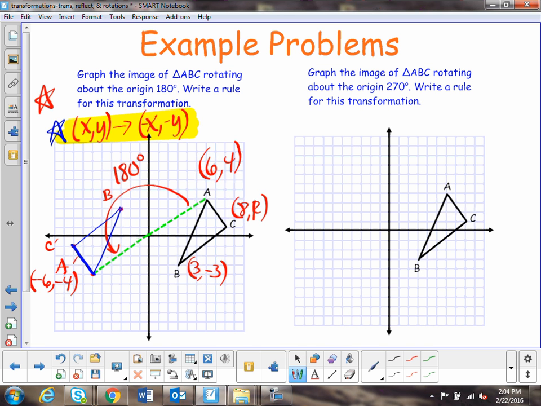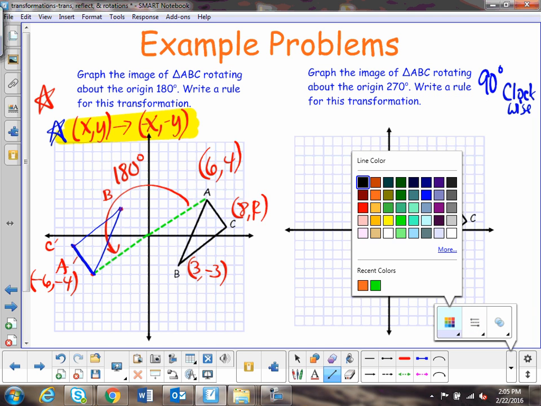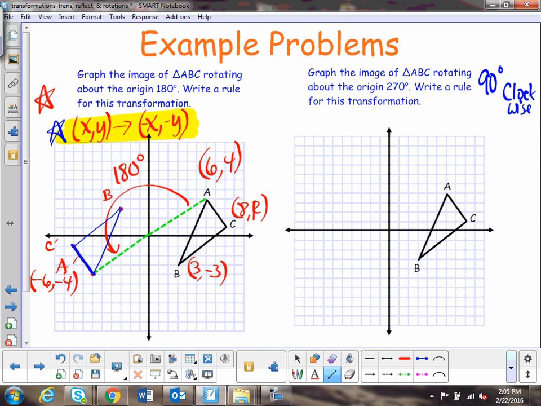270 counterclockwise. All of these are counterclockwise. 270 counterclockwise, which is also the same thing as what, y'all? 90 degrees clockwise. Okay? So that's what you should work with right there. Let me get my green dotted line again. I'm going to go with A again.